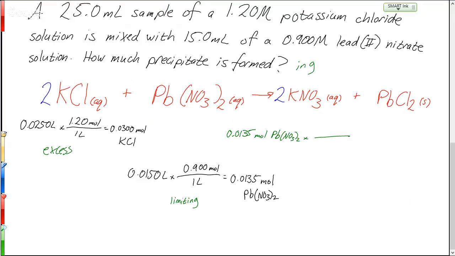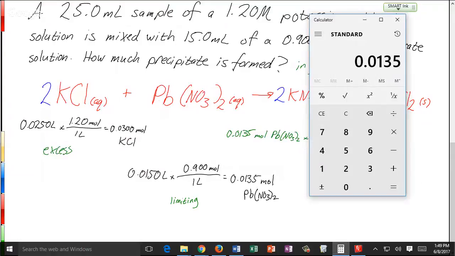That's a 1-to-1 ratio between lead nitrate and lead chloride. And then the mass of lead chloride we have to calculate.